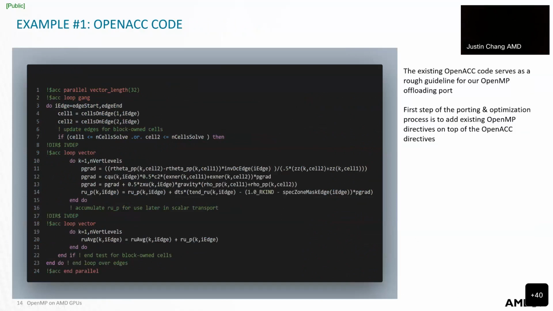The first step is to add the equivalent OpenMP directives next to the existing OpenACC directives, just side by side. I have a very simple example here, which has ACC parallel vector length 32, iterating over the loop gang clause, and then two inner loops which iterate over the vector clauses.